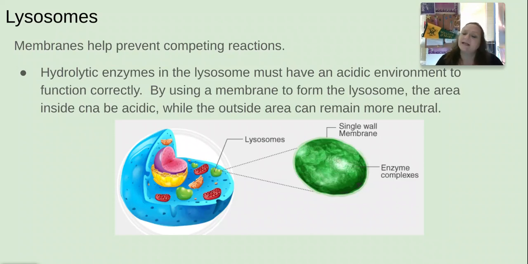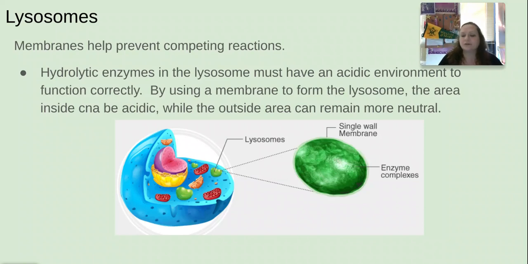So one of the examples I like to give is lysosomes. Lysosomes are used in digestion of old cell parts. They're used to break things down. So lysosomes are filled with hydrolytic enzymes, and these are the enzymes that are used in digestion and breaking down. But for the hydrolytic enzymes to function, they have to have an acidic environment.